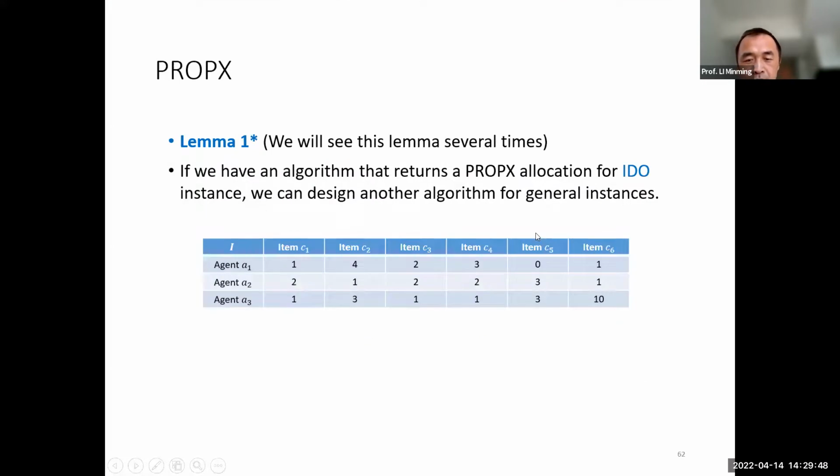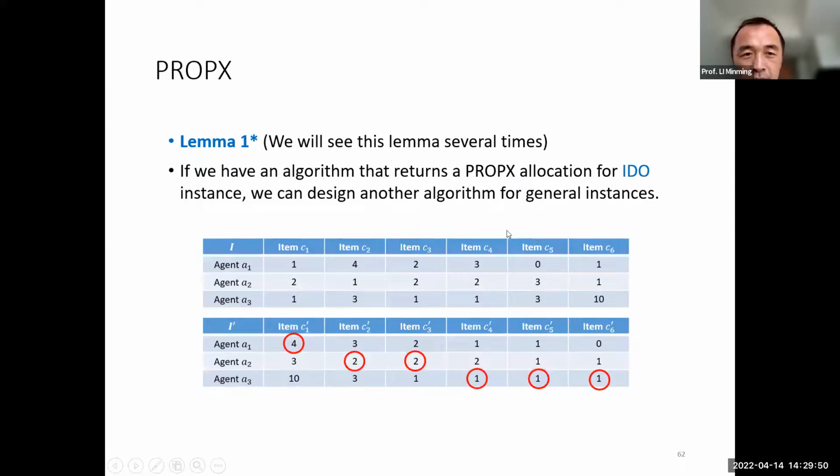So basically, it says, well, if you have a prop X allocation for the ideal instance, then you can design another algorithm for the general instance, right? So this part you need to know, all right? You need to know why it is this way. You need to be able to prove it, all right?